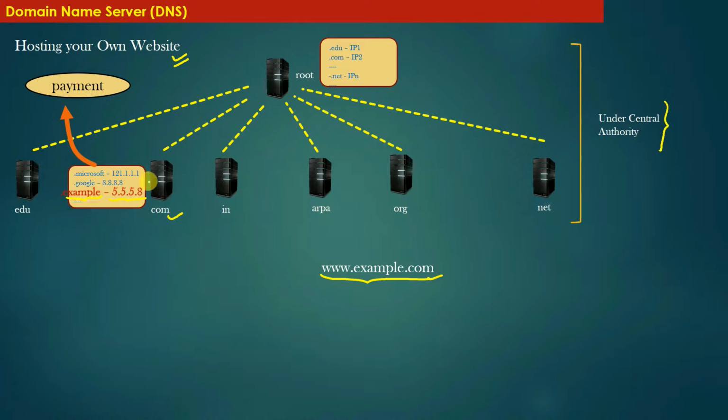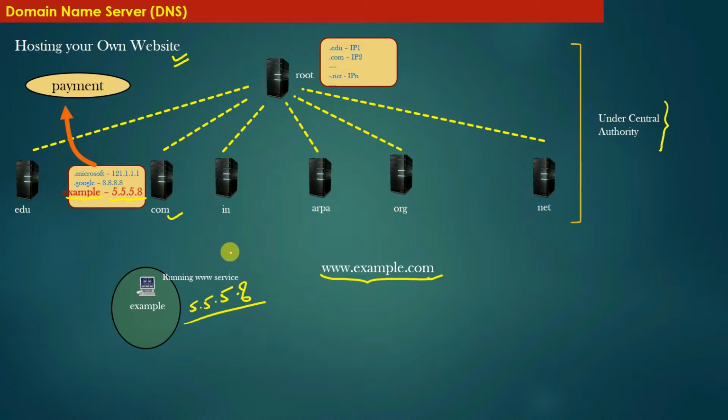Now once you have this entry in the DNS database of the .com top level domain name server, the rest of the world will be able to reach your web server. All you have to do is run your web server, and your web server should be connected to the internet with the public IP address 5.5.5.8.